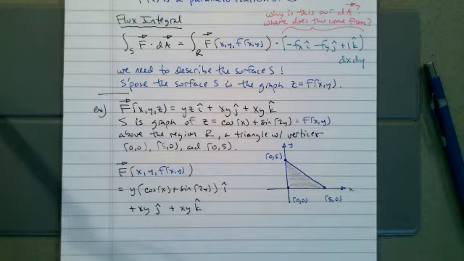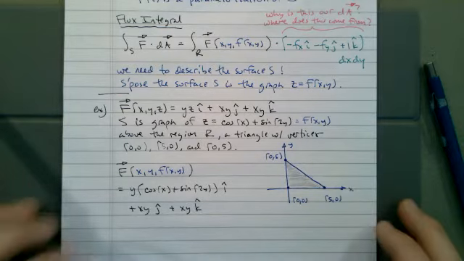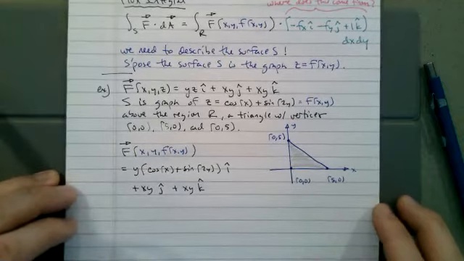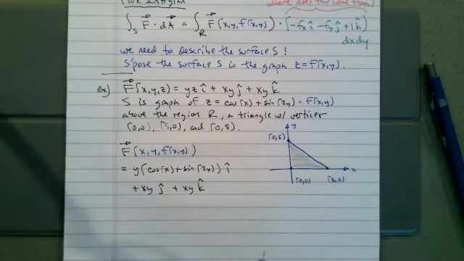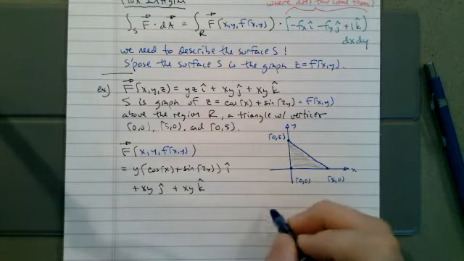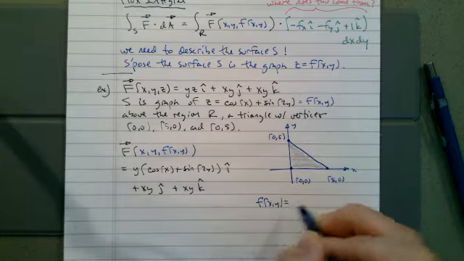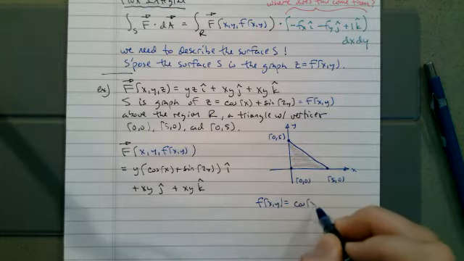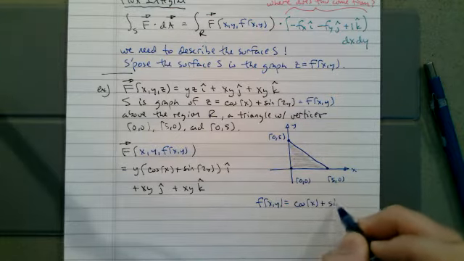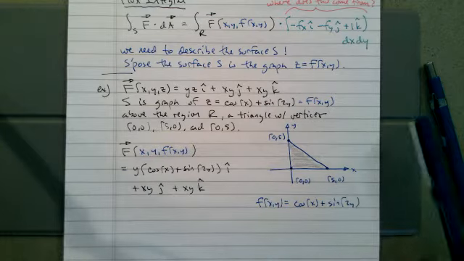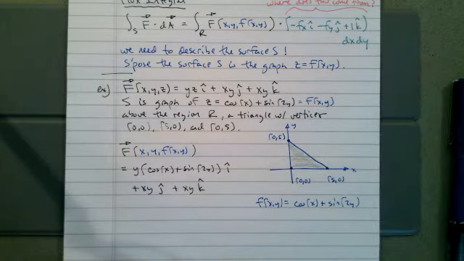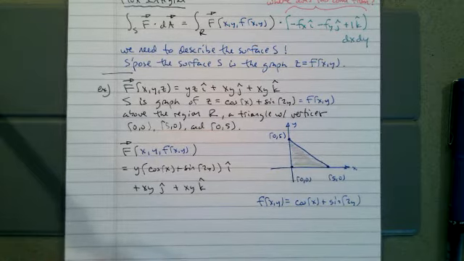Now I need the dot dA part, the part that we didn't really talk about. So I need to compute dA. Our function f at xy is cosine x plus sine of 2y. And I need our two partial derivatives for dA. So I need fx.